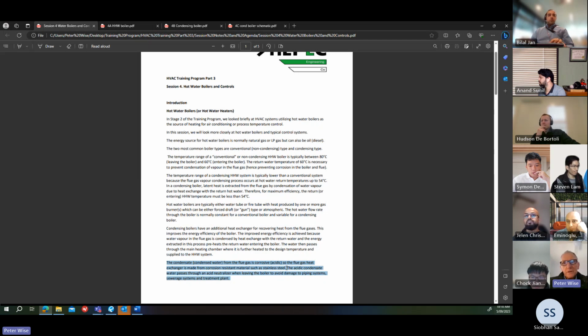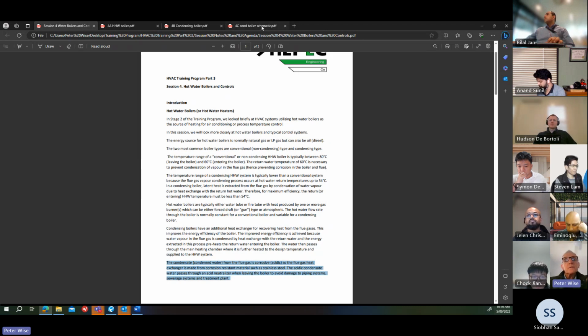Just be careful if you're selecting them that you are confident, or that they can assure you, that the material for the heat exchanger is going to be resistant to the acid in the condensate. The condensate, you need a neutralizer to neutralise the acid when it's leaving the boiler to avoid damage to piping systems, sewage systems and treatment plant.